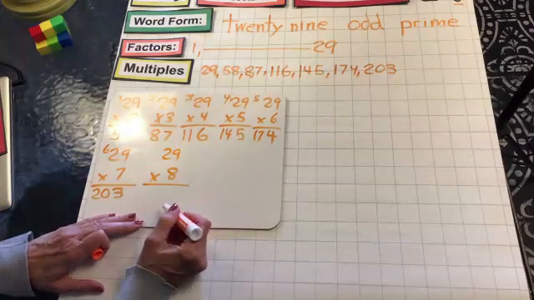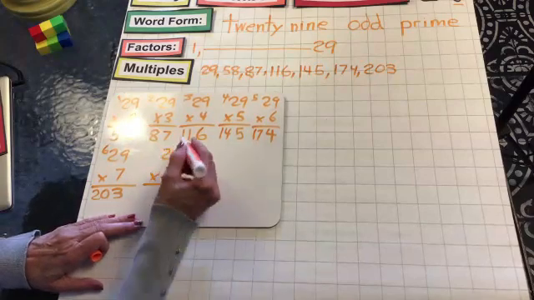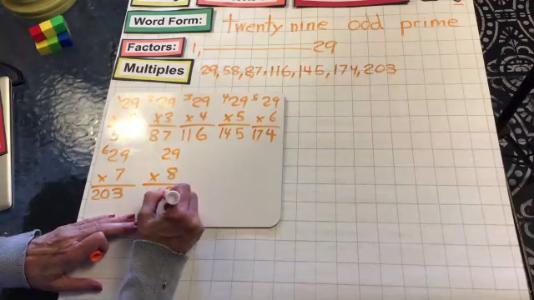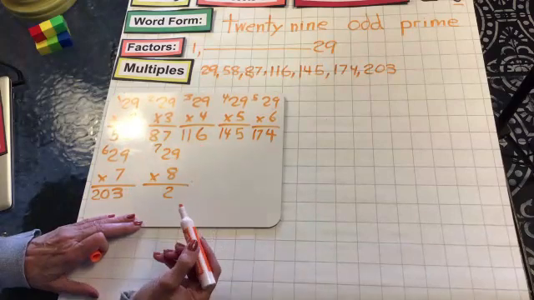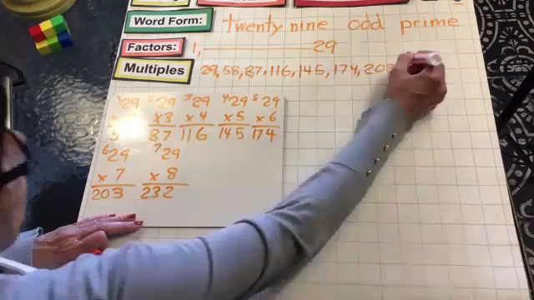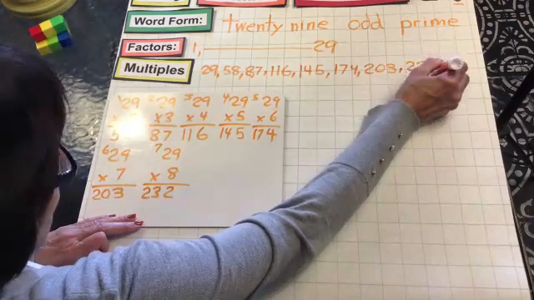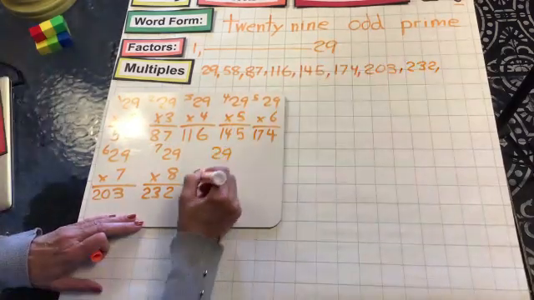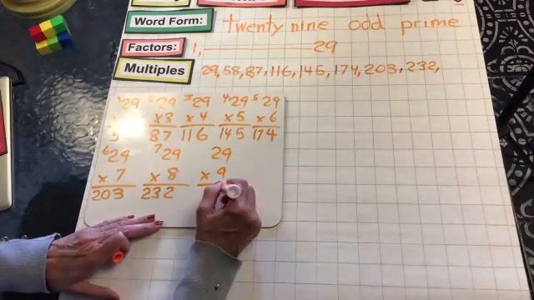So hopefully you did all this work beforehand and you're just checking to see how you did. 8 times 9 is 72. Drop the 2, carry the 7. 8 times 2 is 16, plus 7 is 23. We're going to do 9 times 29. 9 times 9 is 81.